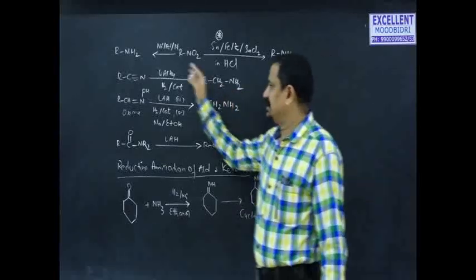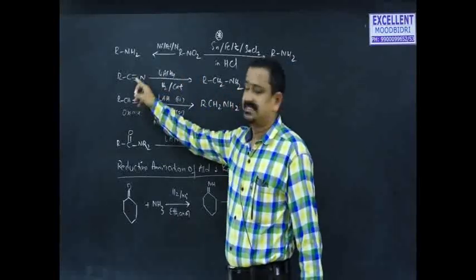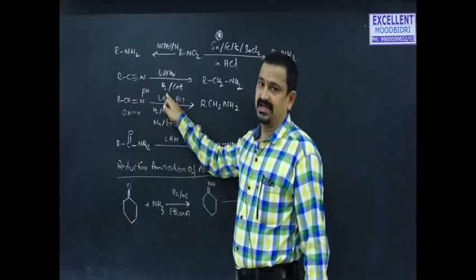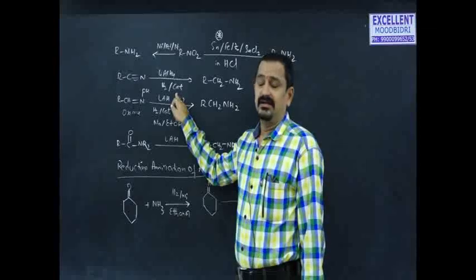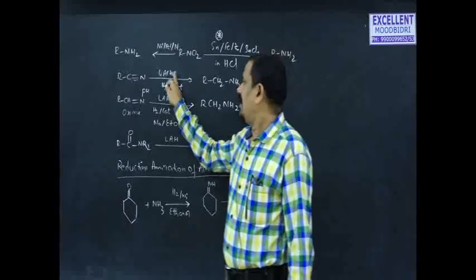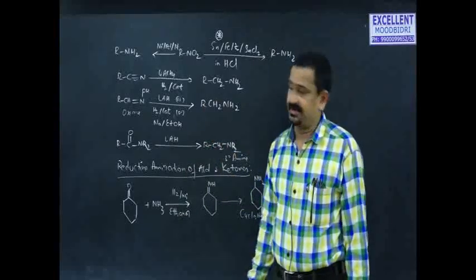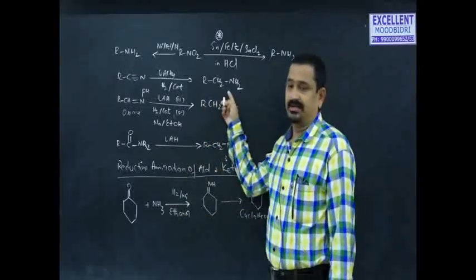And the nitrile or cyanide functional group, on direct reduction either by using hydrogen in presence of catalysts, that is an adsorption phenomenon, or using a strong reducing agent like lithium aluminum hydride, gives the primary amine.